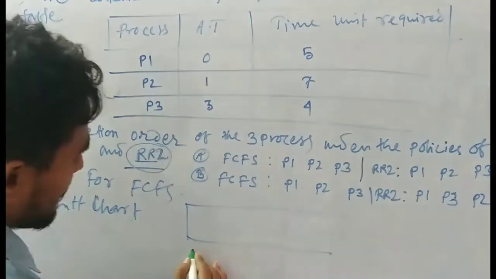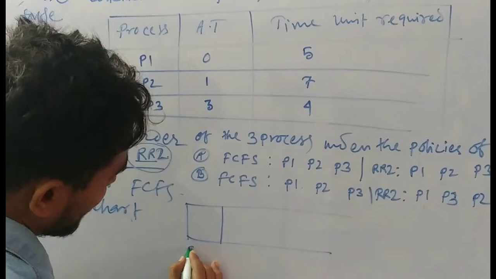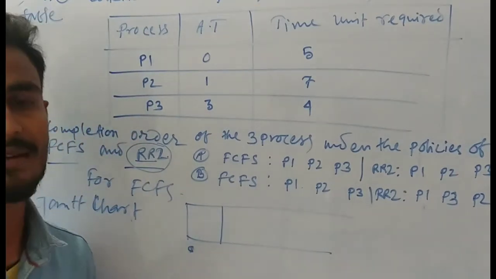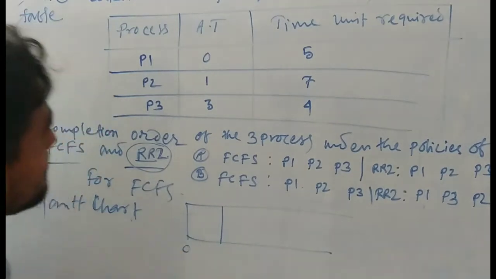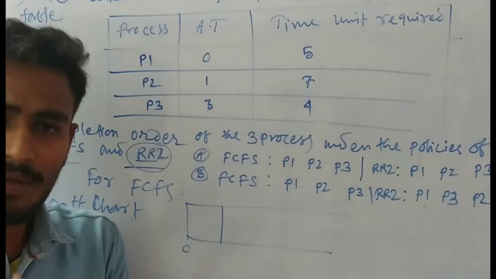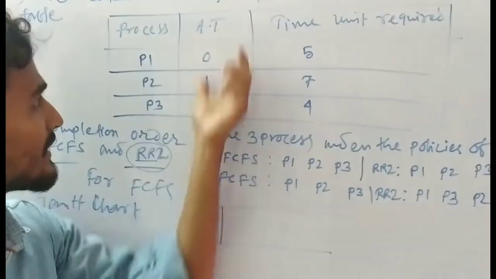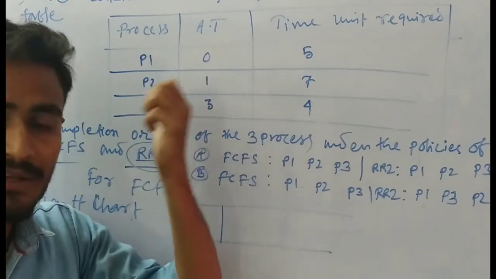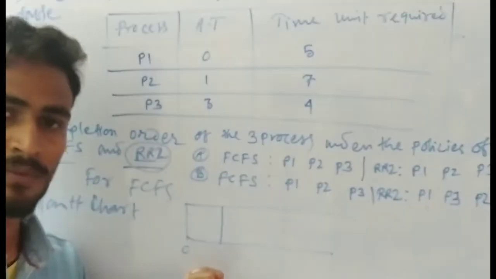For each and every scheduling algorithm, the Gantt chart starts at 0. Why? Because the process IDs start with 0, and I am checking with arrival time which processes have arrived at time 0.